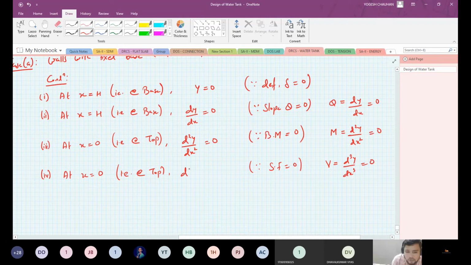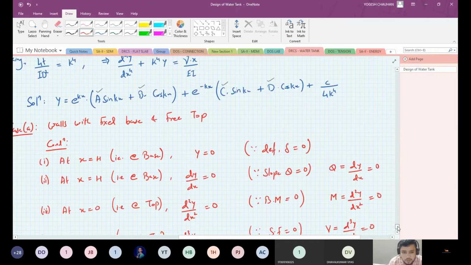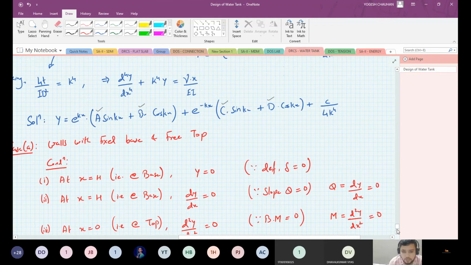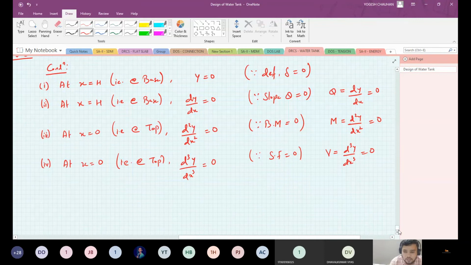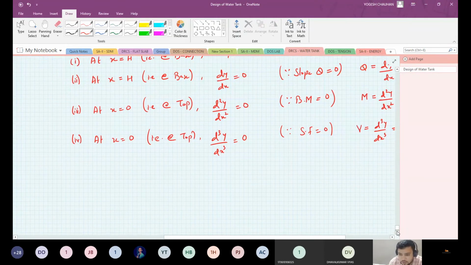So for the fixed base and free top, using these four conditions, you can get the values of these four unknowns, A, B, C, and D. And substituting these values, you will get the solution.